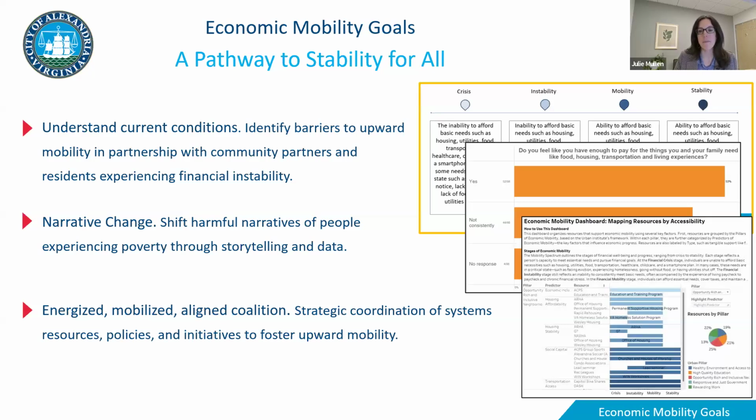And then the resources that got mentioned, we mapped them along the spectrum of stability to try to understand where are we good and where are there gaps and opportunities to invest, and creating a more seamless pathway to stability for the city of Alexandria.